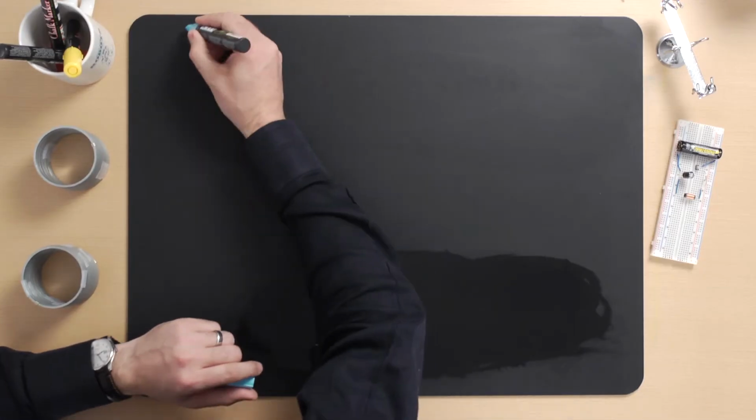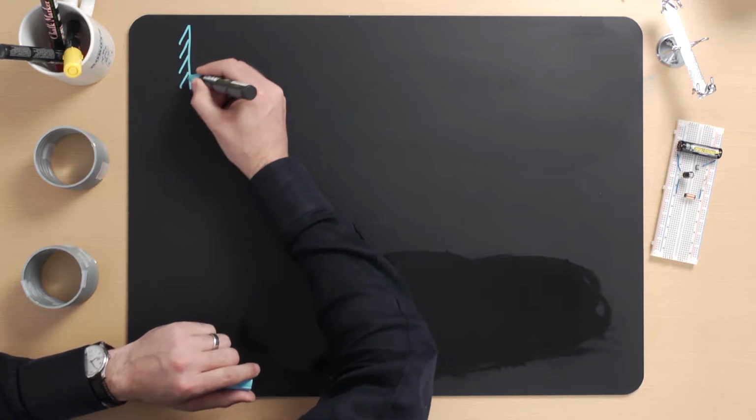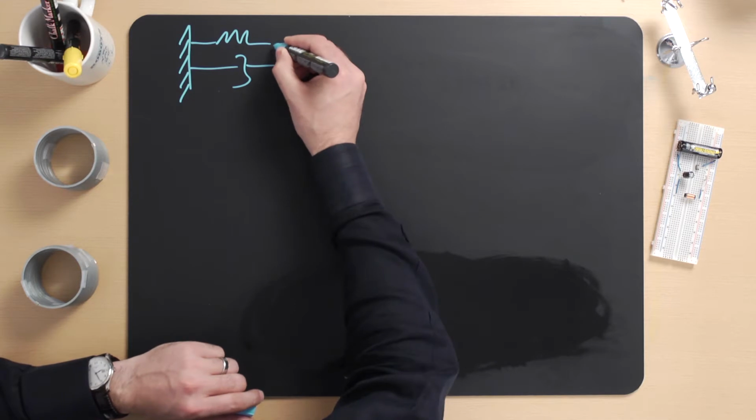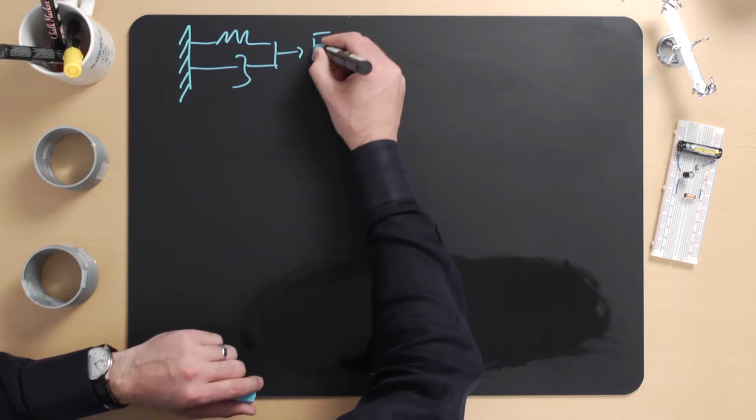Let's go back and look at the spring damper system from lecture 3, where we have an external force and we have an initial condition of x0 equals 0. So we have the wall, a spring, and a damper, and an external force.